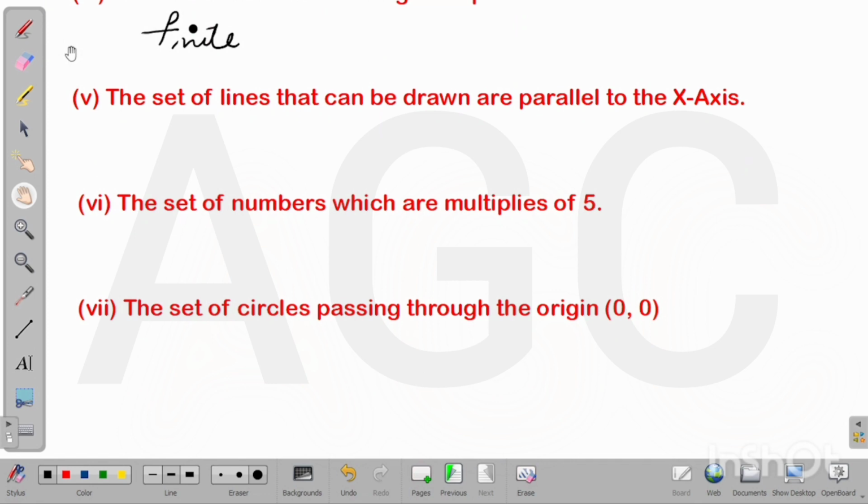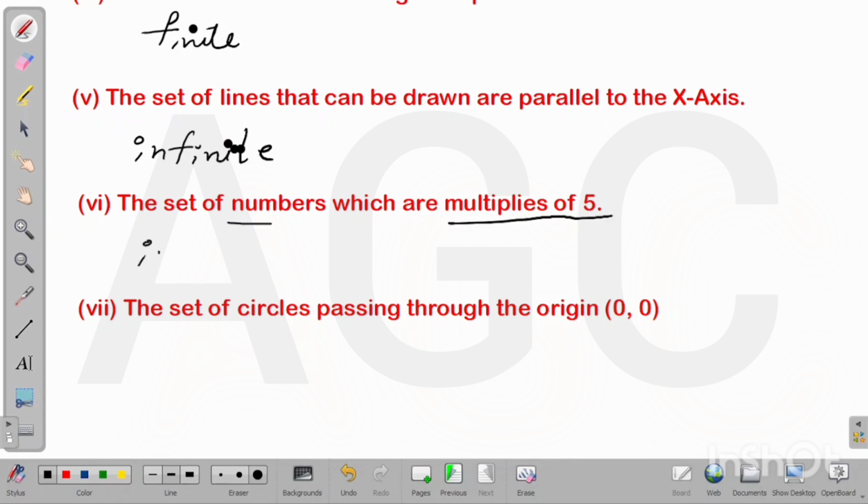What is the next one? Set of lines that can be drawn parallel to the x-axis. Can we say how many lines we can draw parallel to the x-axis? No, right? Infinite. So next, set of numbers which are multiples of 5.